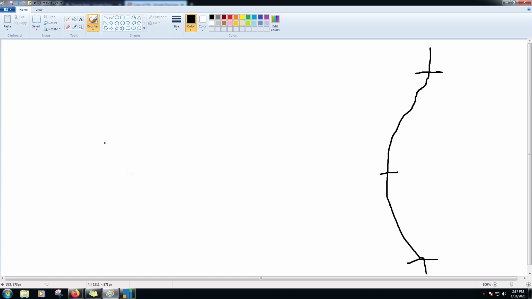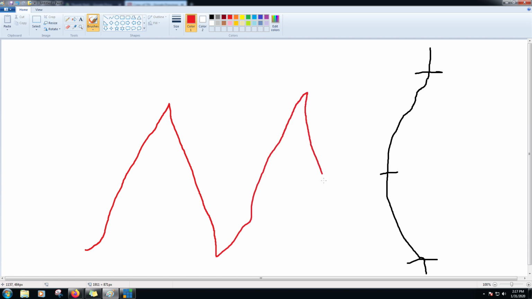So what's going to happen here is the market is going to trade kind of like this, right? That's kind of like what a range trade is, right? And if you drew a line from here to the center point, notice how many times we're crossing the center point, right?